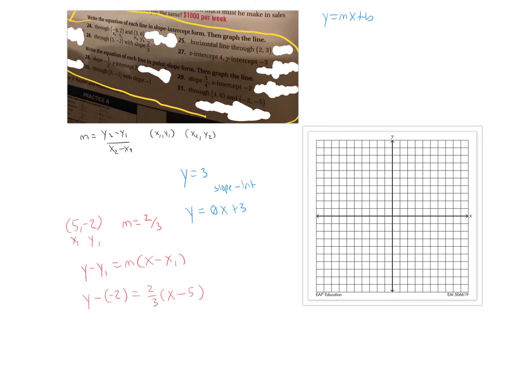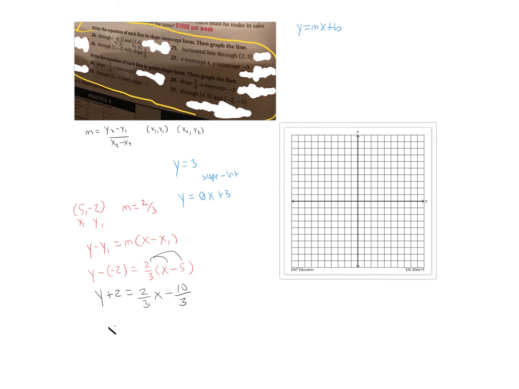Now, at that point, we want to convert this into something that looks like that. So a good first step is to just say, okay, so we have y plus 2 over here. You could then distribute the 2/3. You're going to have 2/3 x minus 10 over 3. And at that point, you could just subtract 2 from both sides. You would have y equals 2/3 x minus 10 over 3 minus 2.